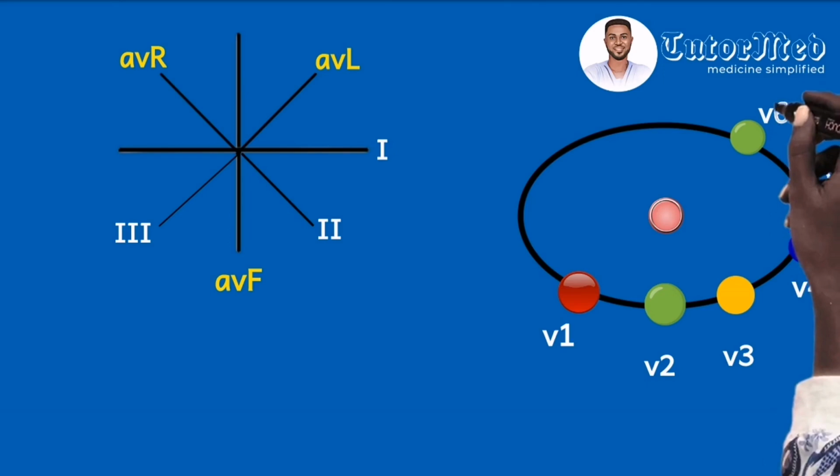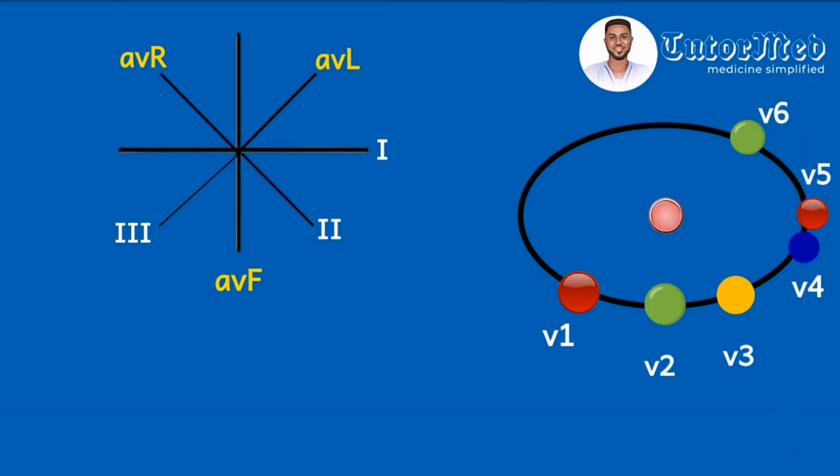Please note that this drawing is not that accurate, but at least it gives us an idea of the position of the leads in relation to the heart. And so based on these drawings, V1 and V2 are said to be septal leads. They give us information about the electrical activity in the septum. And V1, by virtue of its position, also tells us a lot about the right ventricle.